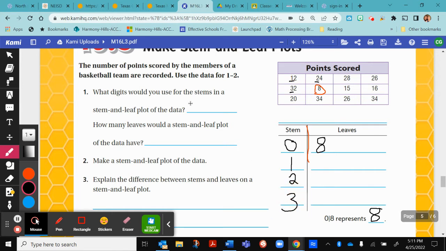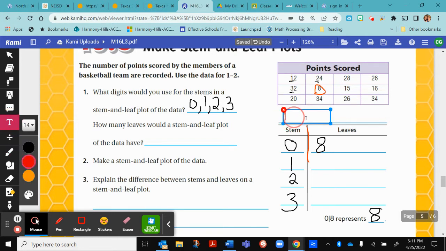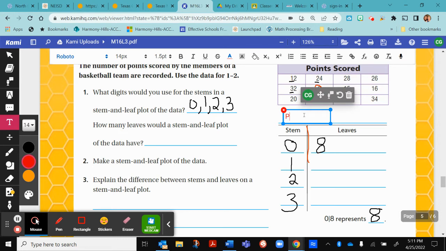So what stems would you use? I'm going to use 0, 1, 2, and 3. In class today, we listed from least to greatest, so please make sure that you do it. I'm also going to title this Points Scored.